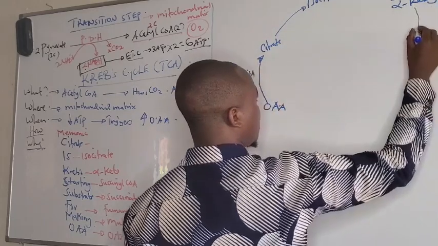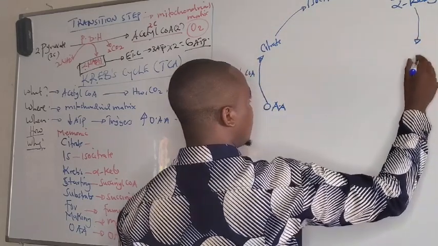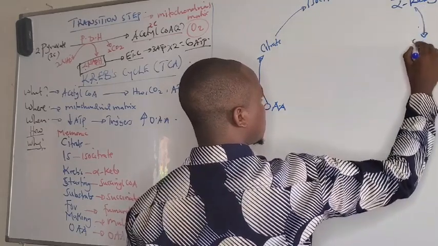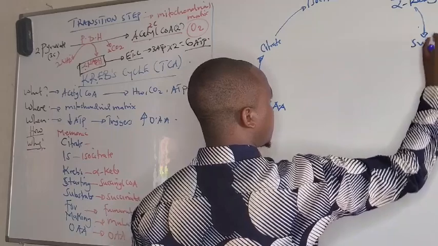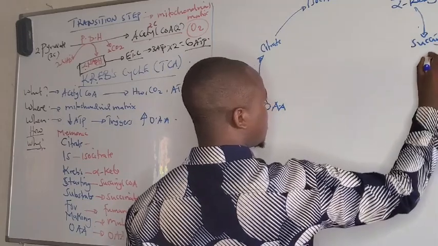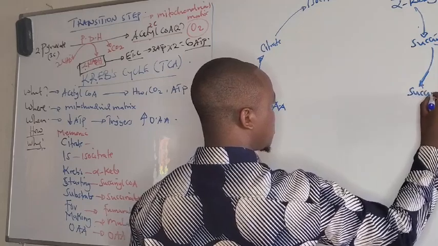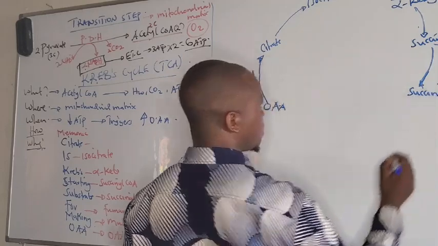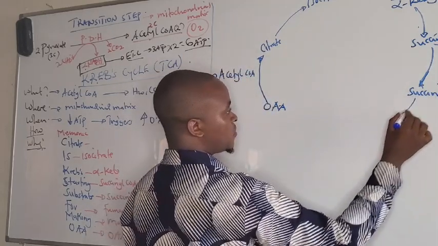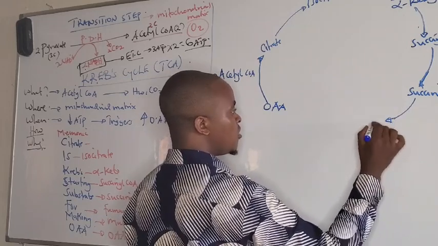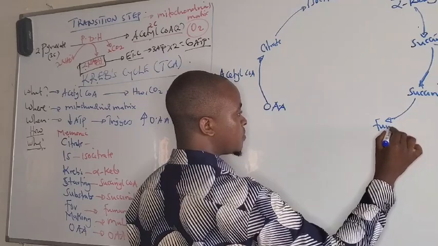And this alpha ketoglutarate is again converted to succinyl-CoA. Then succinyl-CoA is converted to succinate. Then the succinate is hydrolyzed, it is converted to fumarate.